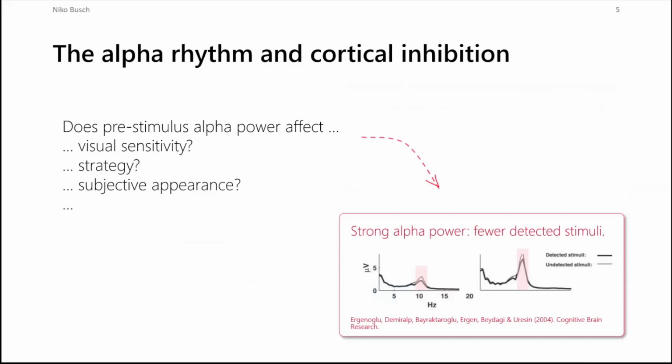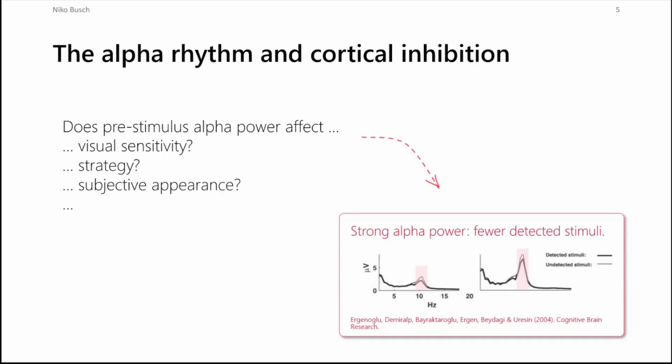That's not a trivial question, because this finding that strong alpha power means that people are more inclined to say, I really haven't seen this one. This could be due to a number of mechanisms.